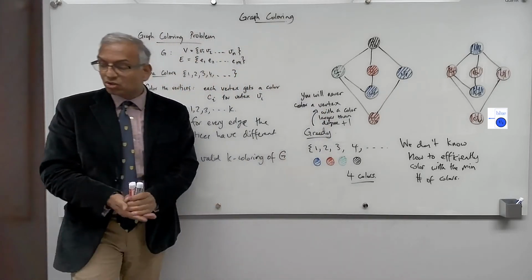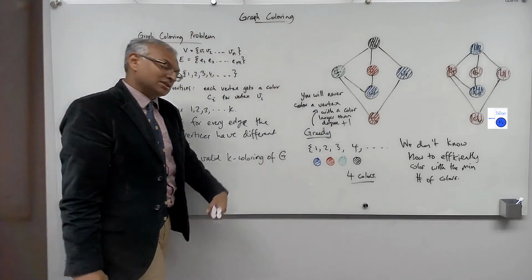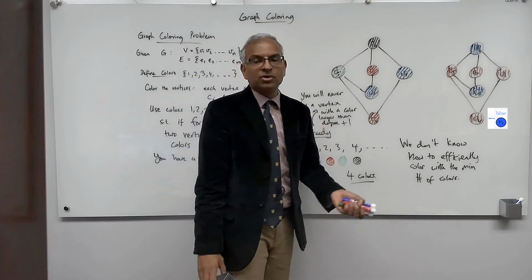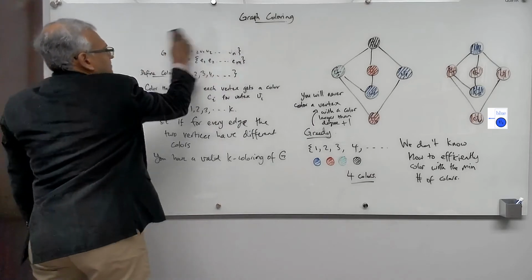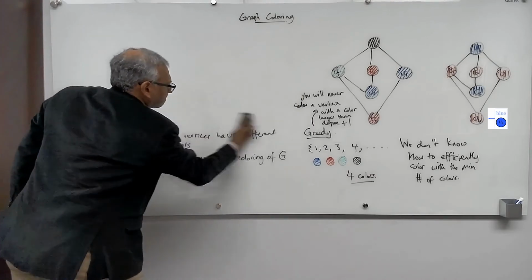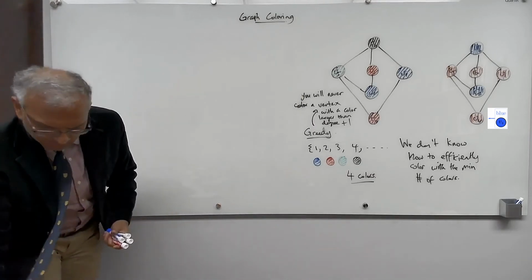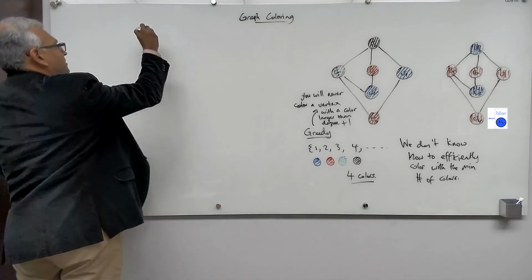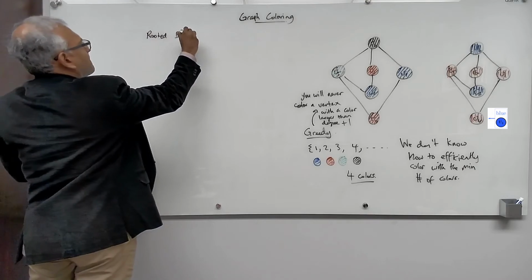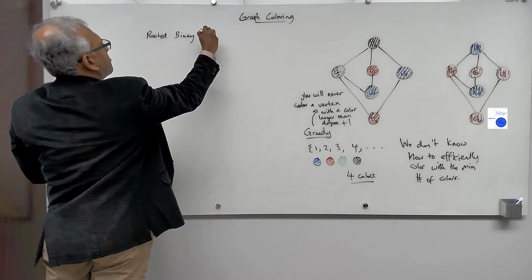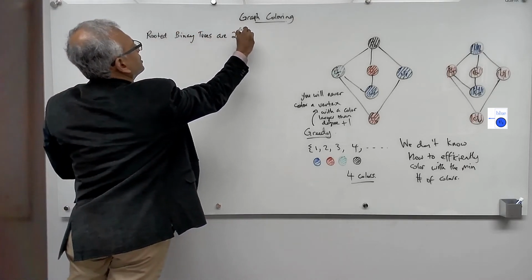Okay, let me show you that trees, and in general, but I'll just show it for rooted binary trees, can always be 2-colored. Rooted binary trees are 2-colorable.